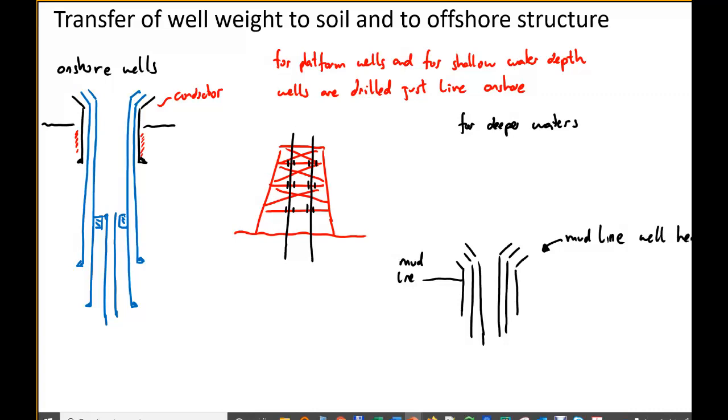And then we have a riser that is connected to that wellhead. Then you have the hanger, the tubing hanger, up on the structure.